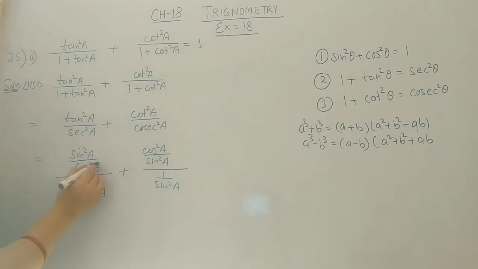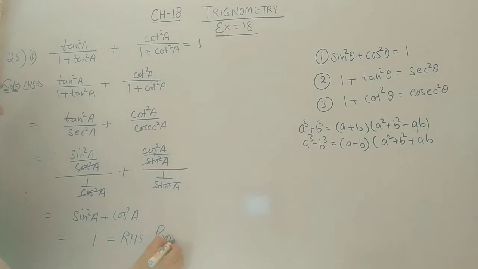So from the first term cos square will cancel out, and here sin square will cancel out. So we have sin square a plus cos square a, and the value of sin square a plus cos square a is equal to 1. So we got the right side, hence proved.